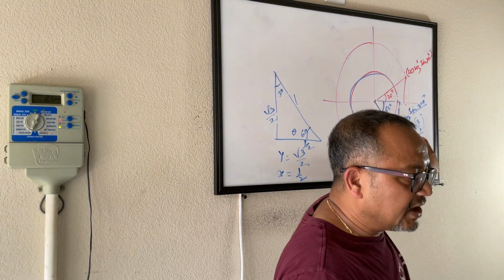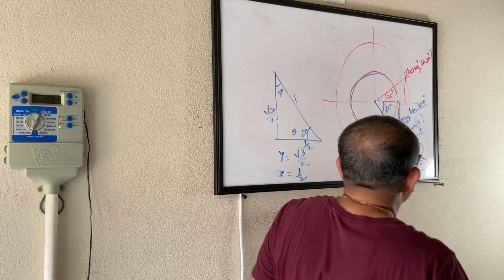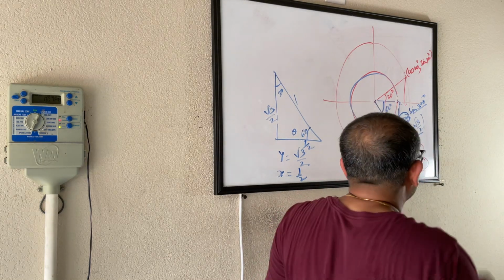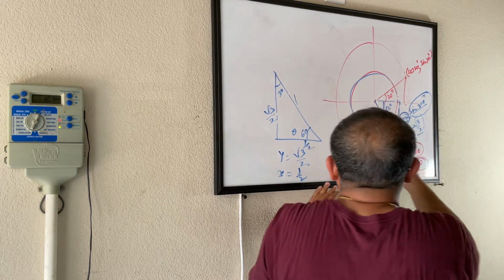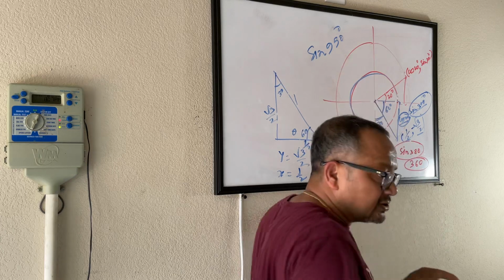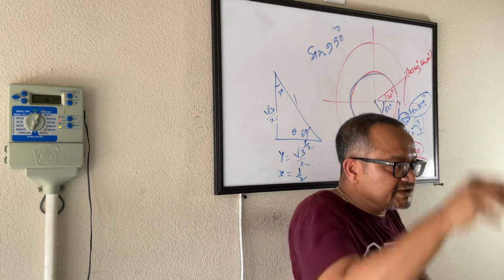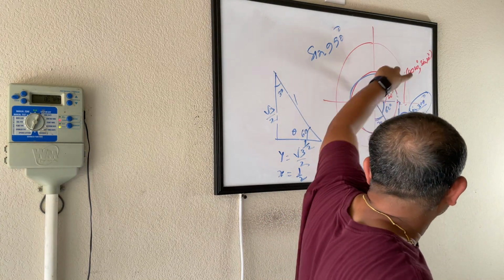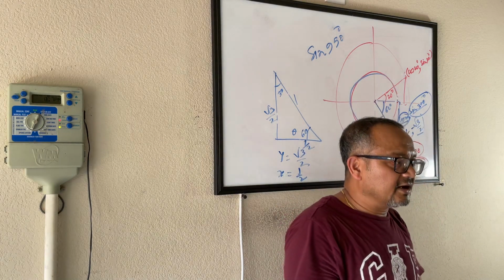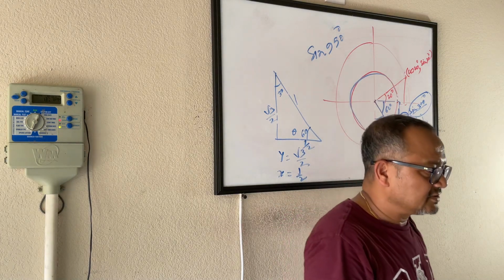Without doing much, we could find out the value of cos 300 degree and sin 300 degree. Tomorrow somebody says find the value of sin 950 degree, you do the same thing. How many iterations am I doing to reset it, what am I left with, which quadrant is it falling in, and then draw the triangle and find it out.